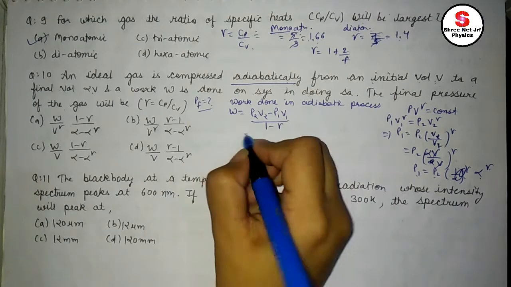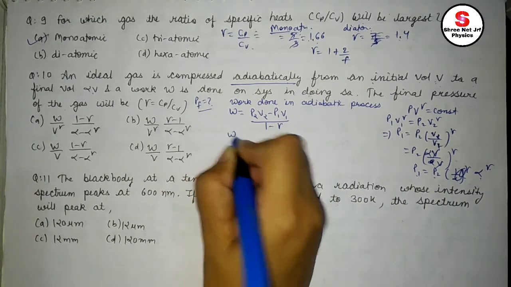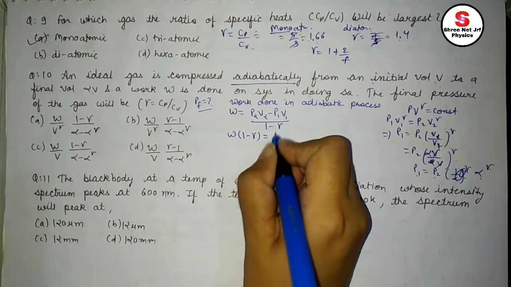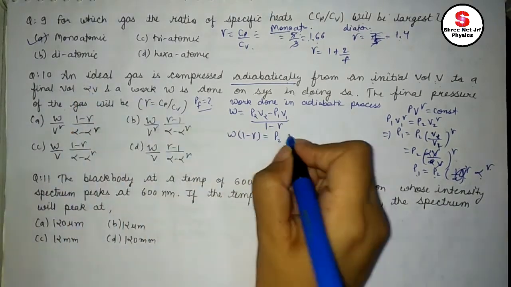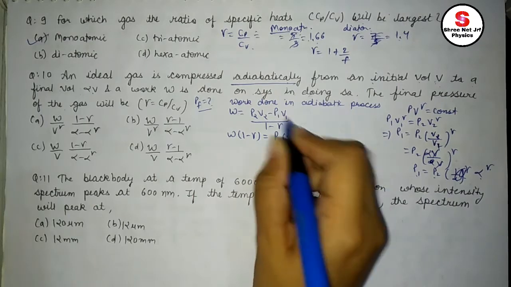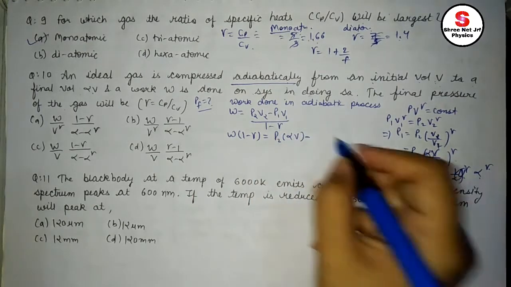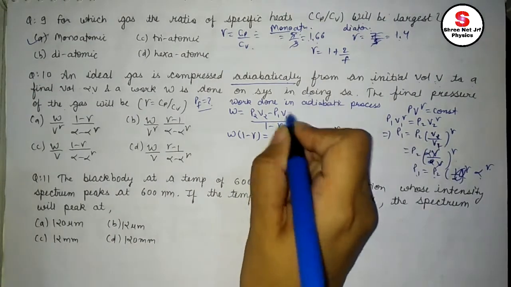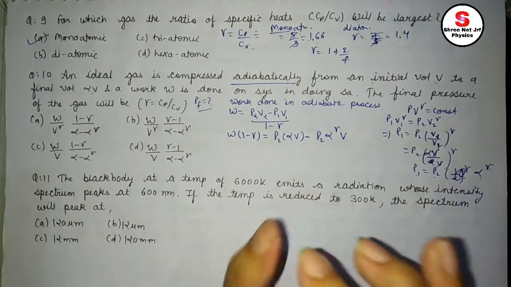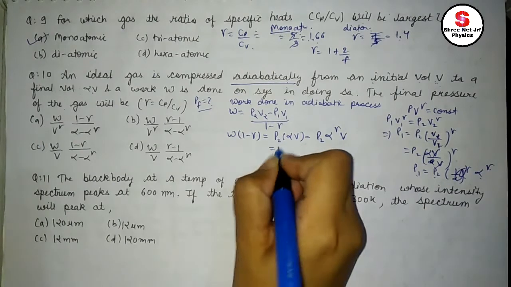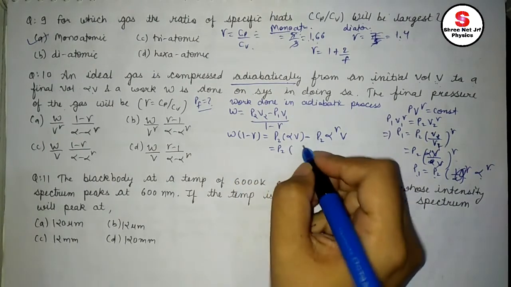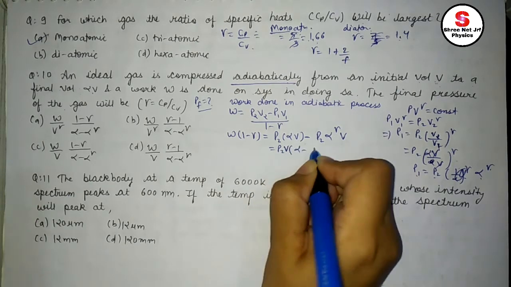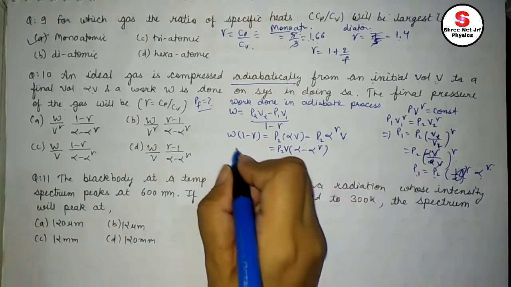Now W, if I send the 1 minus gamma to the other side, equals P2 times V2, which is alpha V, minus P1, which I calculated as P2 alpha to the power gamma, times V1, which is V. Taking P2 V common, we get alpha minus alpha to the power gamma.